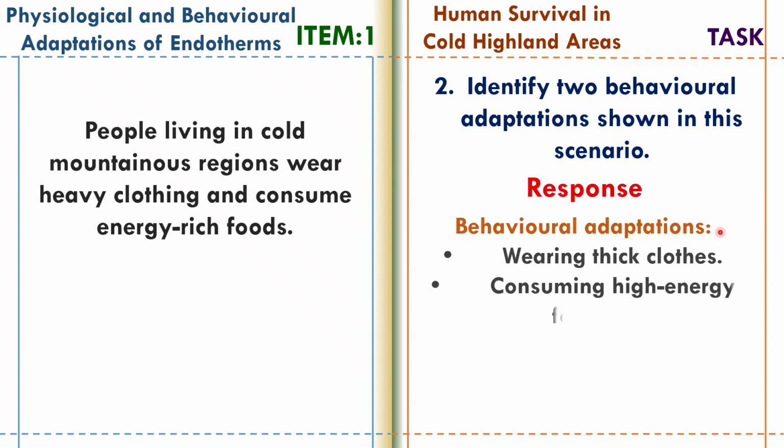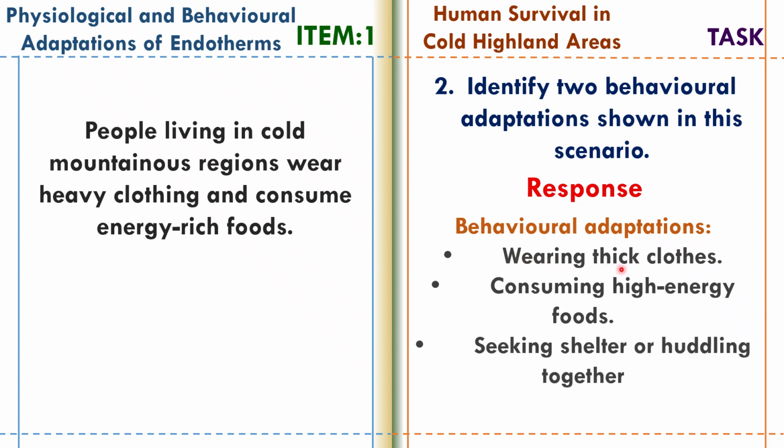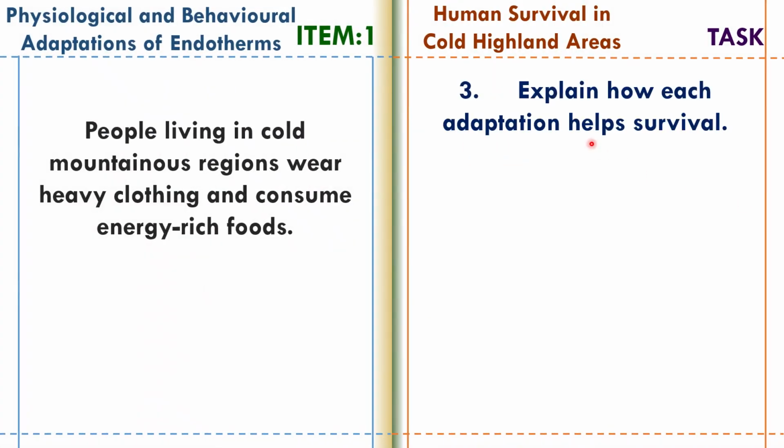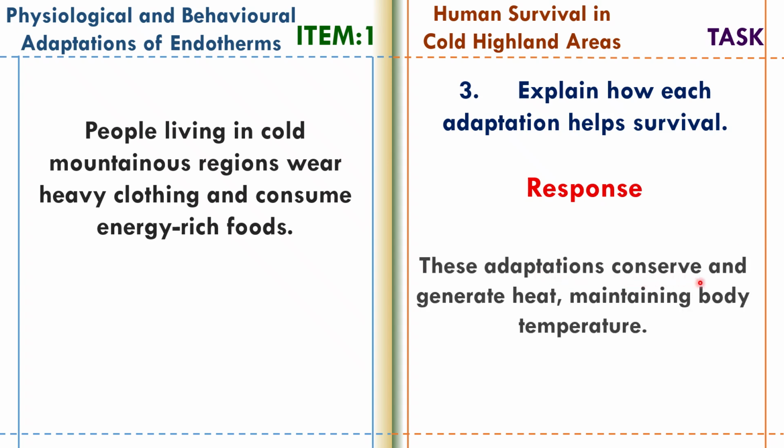Behavioral adaptations shown: wearing thick clothes, consuming high energy foods, seeking shelter, or huddling together. Explain how each adaptation helps survival. These adaptations conserve and generate heat, maintaining body temperature.